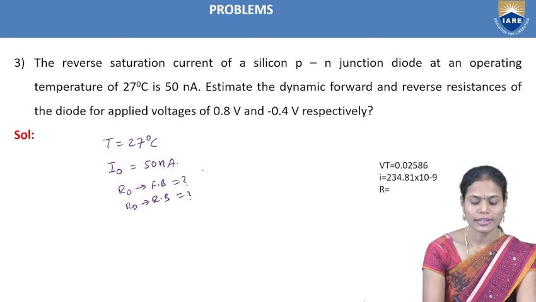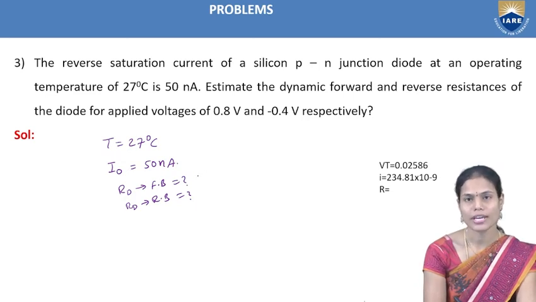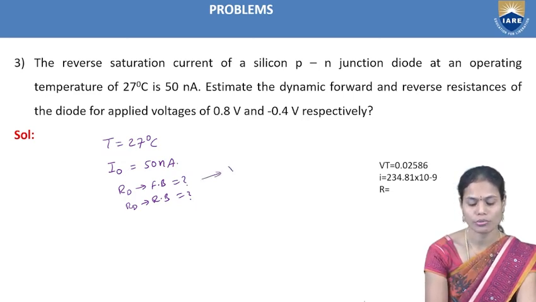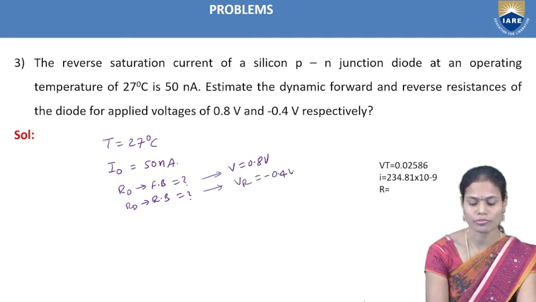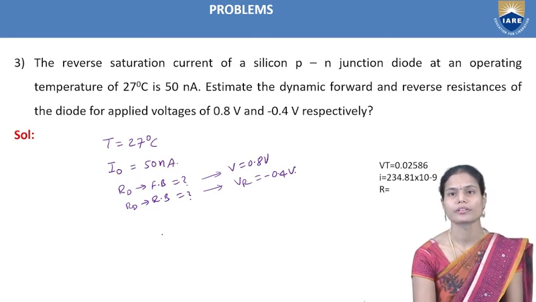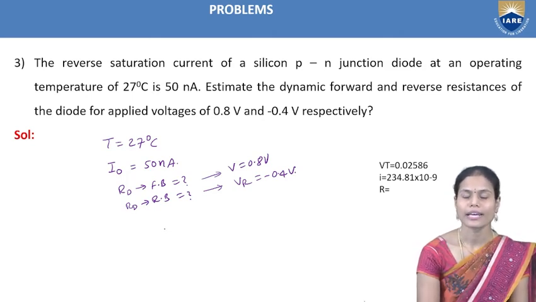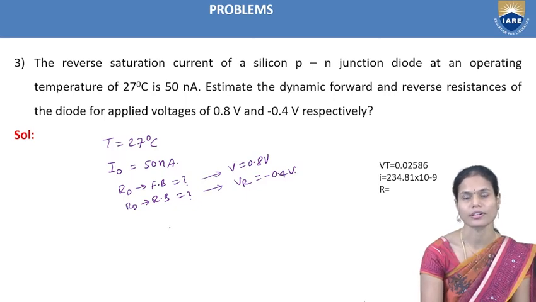While calculating the forward bias dynamic resistance, we have to take the voltage as 0.8 volts, given in the problem. And to calculate the dynamic resistance in the reverse bias condition, we have to take the reverse voltage as minus 0.4 volts. So we need to find the dynamic resistance in the forward bias condition as well as in the reverse bias condition.